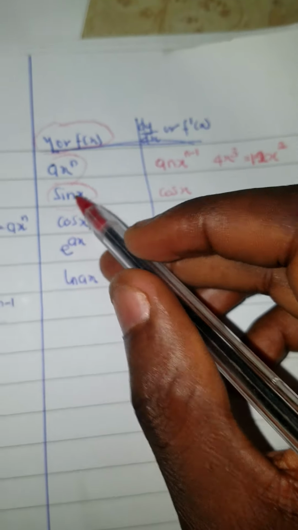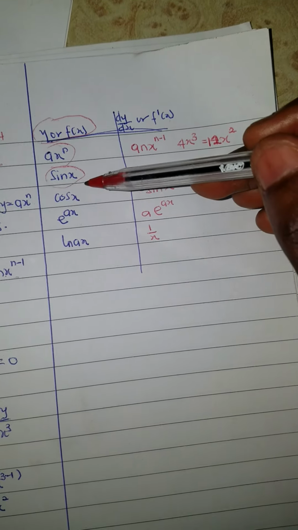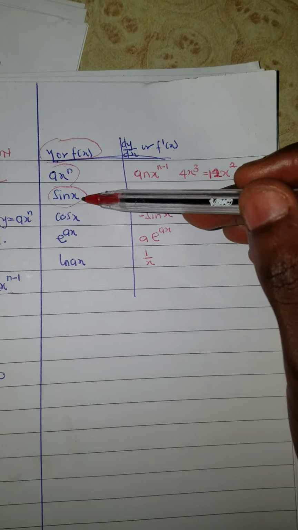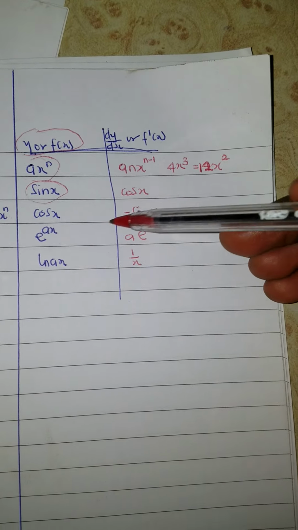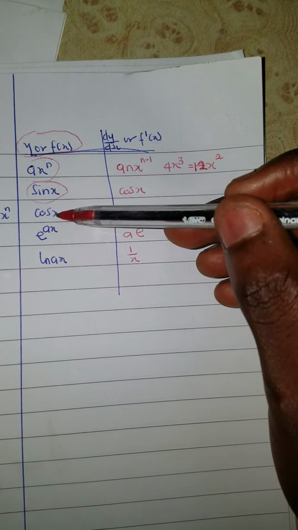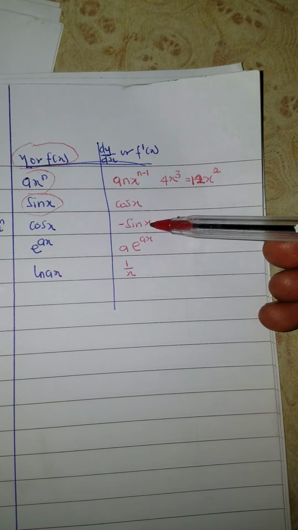And we are learning this newly: if you are given a trigonometric function, for example sin x, and you are asked to differentiate it, you're going to get cos x. And whenever you differentiate cos x, you're going to get minus sin x. Please keep this in your head, because we'll be using them.